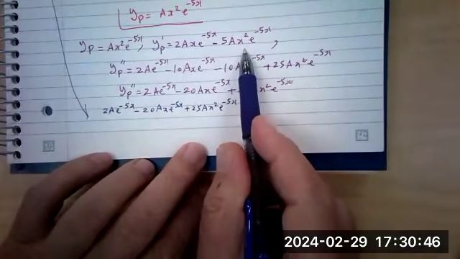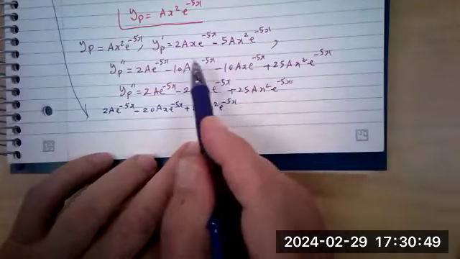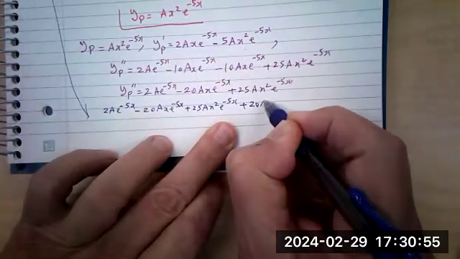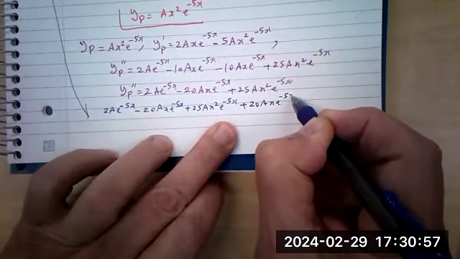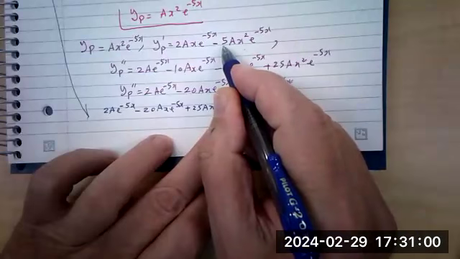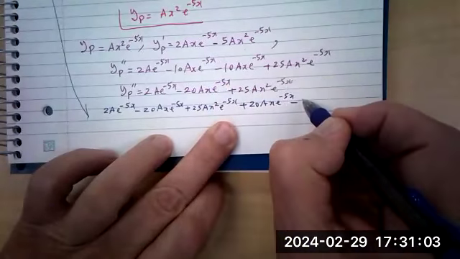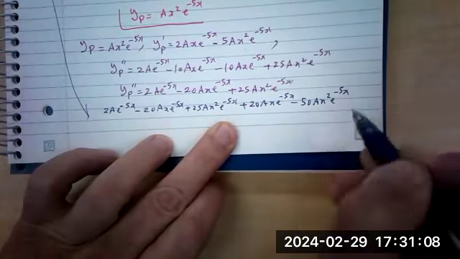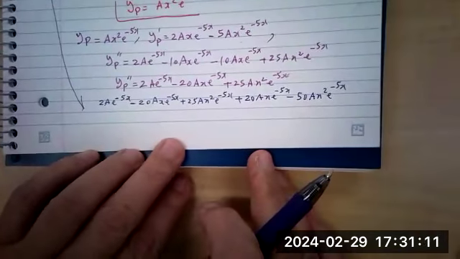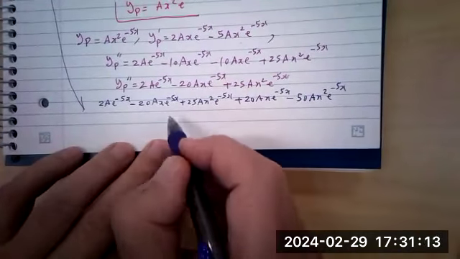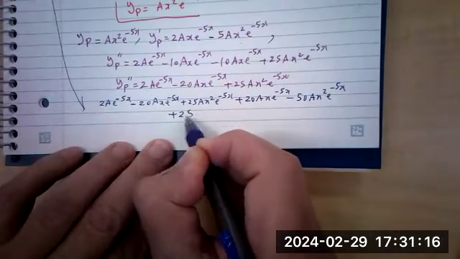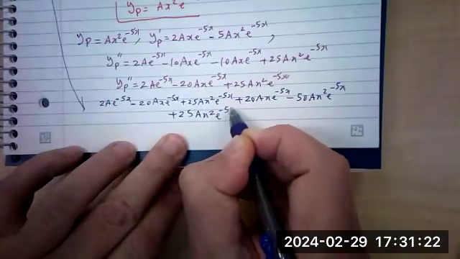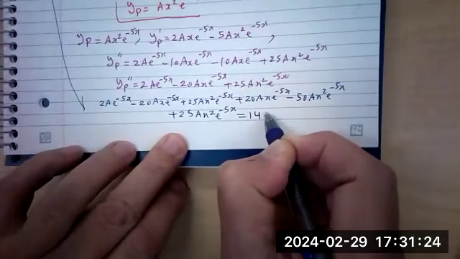I'm going to multiply 10 by y prime, so it's plus 10 times 2, 20ax e to the negative 5x, minus, again, 10 times 5, 50ax squared e to the negative 5x. That's the 10y prime. That's plus 25y, and this is y: 25ax squared e to the negative 5x, equal to 14e to the negative 5x.